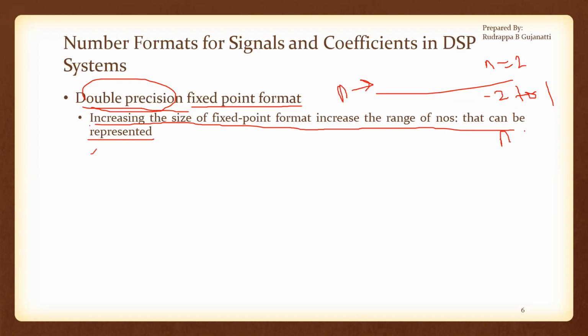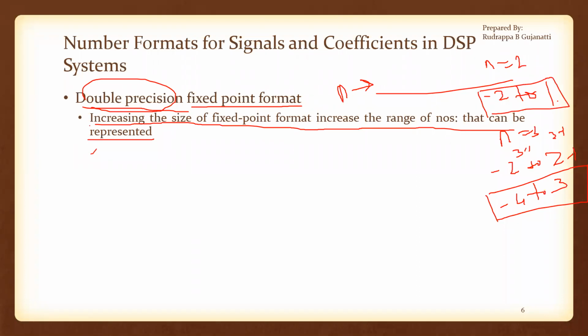Now if I increase it by 1 bit, the range will be minus 2 raised to 3 minus 1 to 2 raised to 3 minus 1 minus 1, that is, minus 4 to 3. So when n is equal to 2, the range was minus 2 to 1. Just increase it by 1 bit.